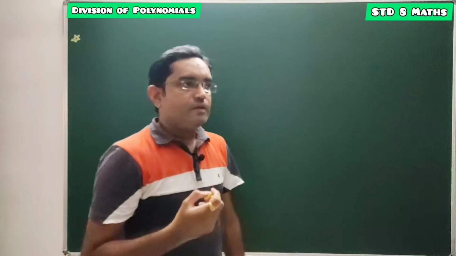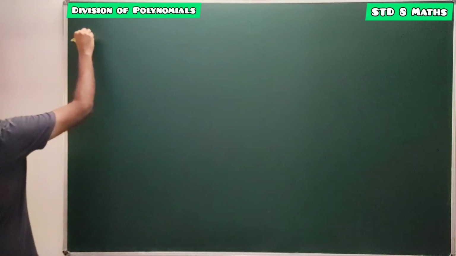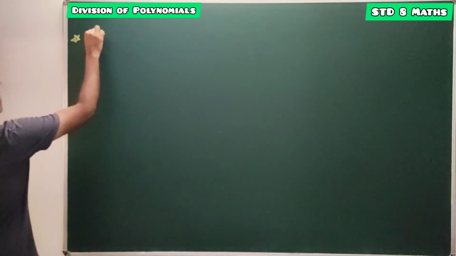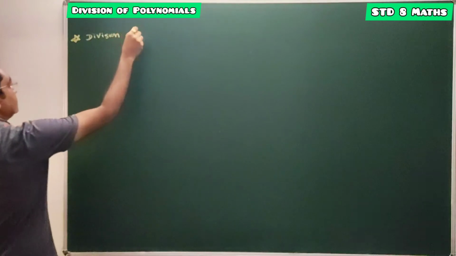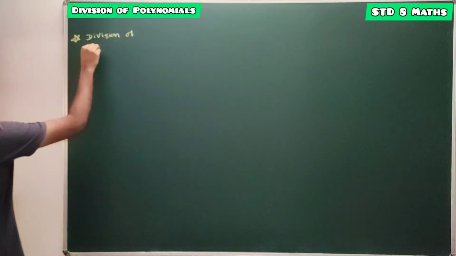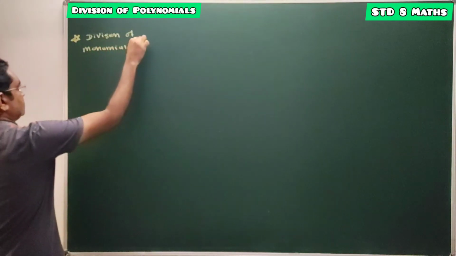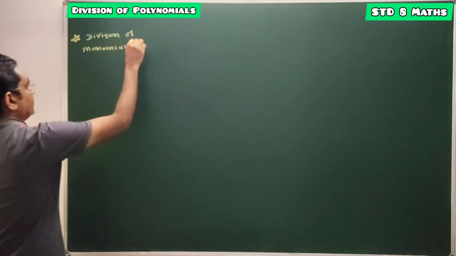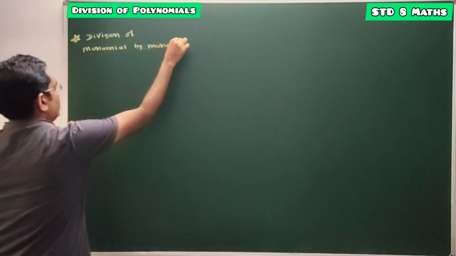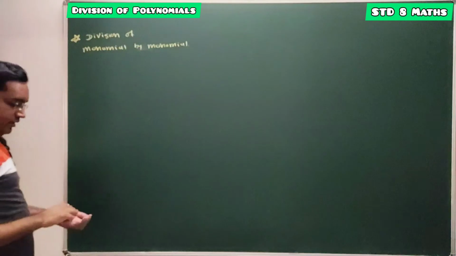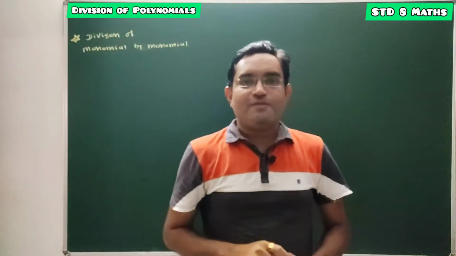First division is division of monomial by monomial. So what is a monomial? Monomial is the type of polynomial in which only one term is there.